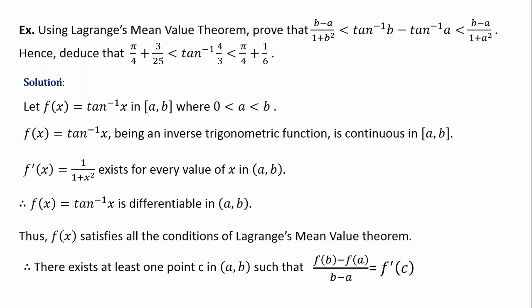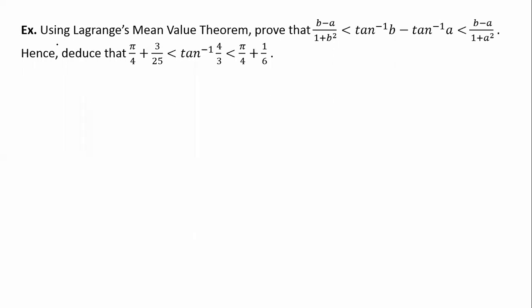So we have to do this. There exists at least one c such that (f(b) - f(a))/(b - a) is equal to f'(c). Remember f(x) equal to tan inverse of x. So f(b) will be equal to tan inverse of b, therefore tan inverse of b minus tan inverse of a upon b minus a.